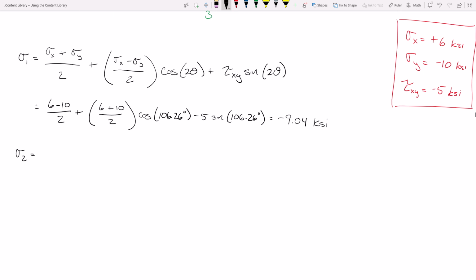So sigma 2. Sigma 1 and sigma 2 have very similar formulas. Sigma 2 is sigma x minus sigma y over 2, and then this term is minus on the outside. That's minus as well.